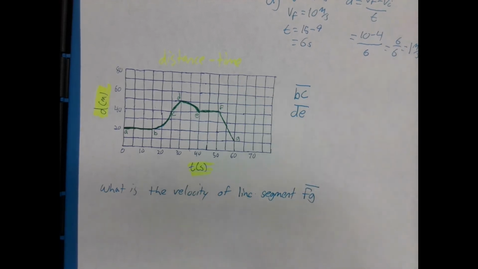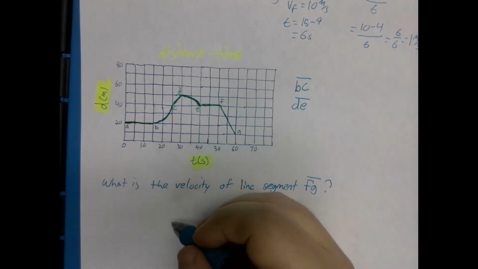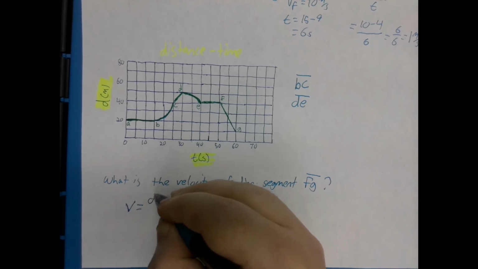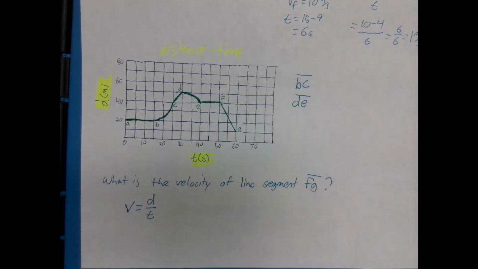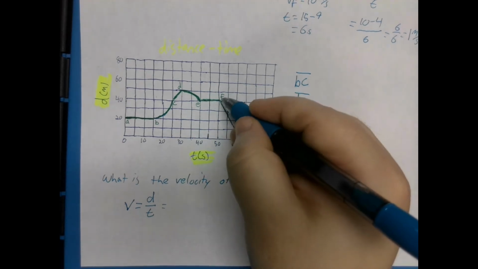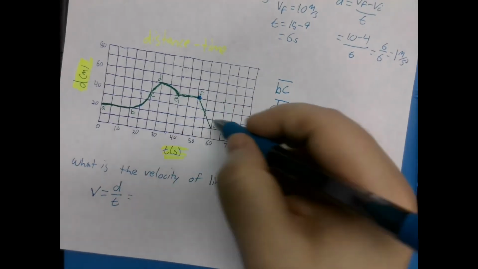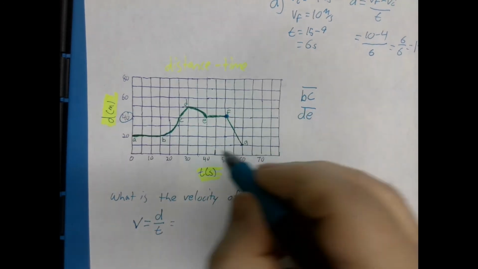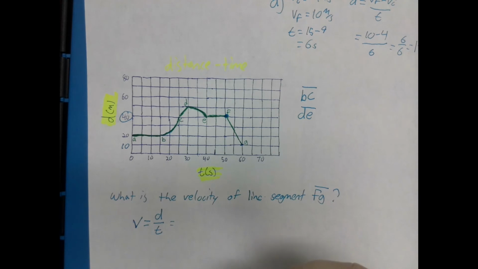Remember that speed is equal to distance over time. So what distance did they travel? At F, at this point here, you went from 40 meters to 10 meters.